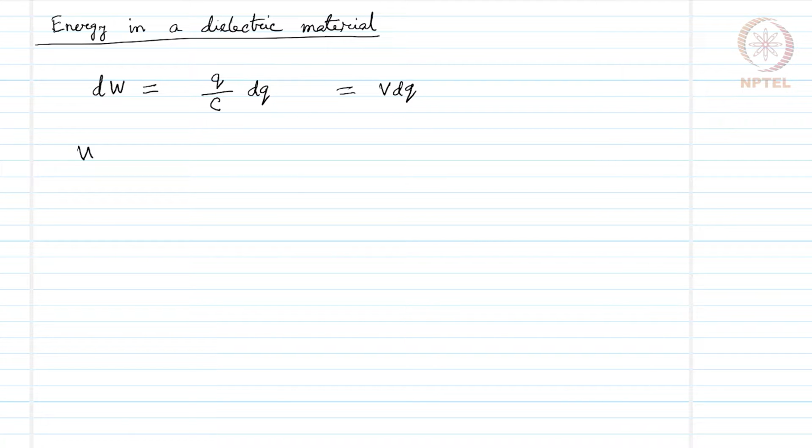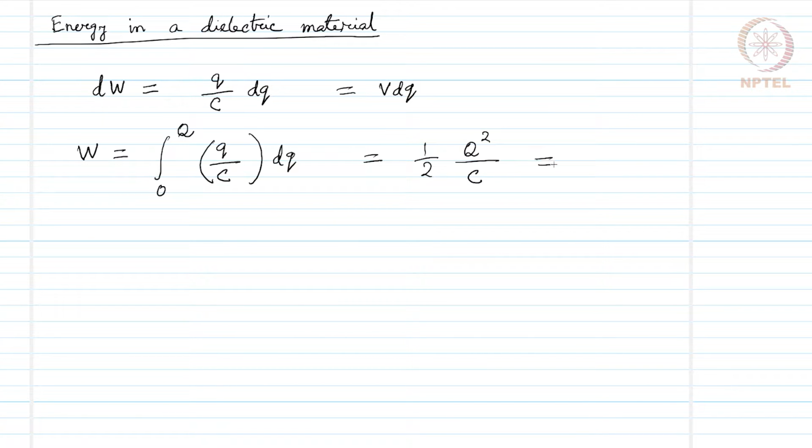So, the work done to fully charge a capacitor, if there is capital Q charge finally on each plate, is the integral of Q over C dq. If we perform this integral, we will find this to be half Q squared over C. And from the definition of capacitance, we can write this as half C V squared.